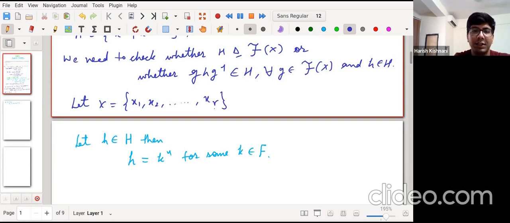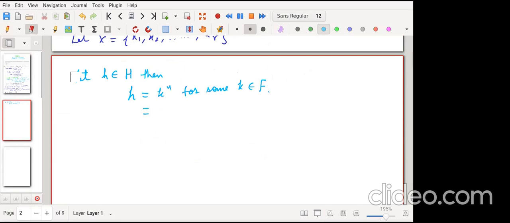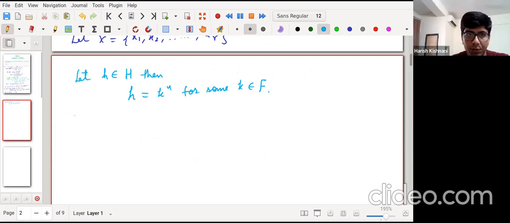So X contains these elements. k is an element in F, so k has to be a word in x1, x2, and so on up to xr.